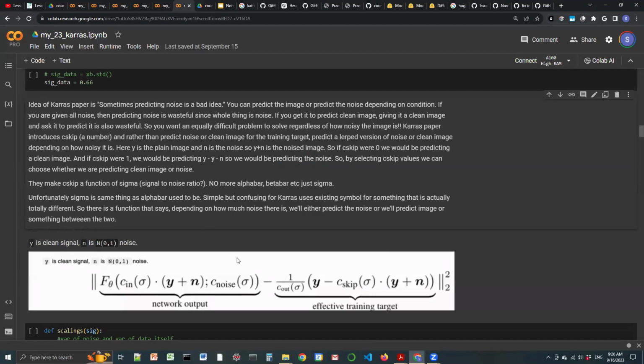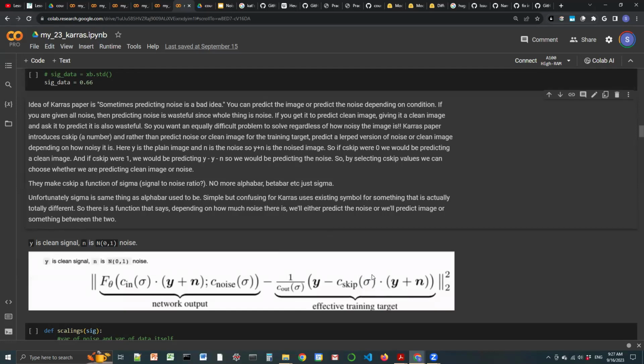Now they make C skip a function of sigma. I called it rho, but it's actually sigma. This is more of a guess on my part, but maybe sigma indicates the signal optimization. I don't know that for sure. But the bottom line is we no longer have alpha bar, beta bar, and so on.